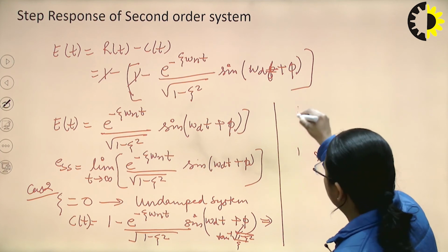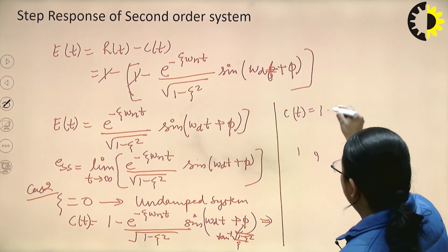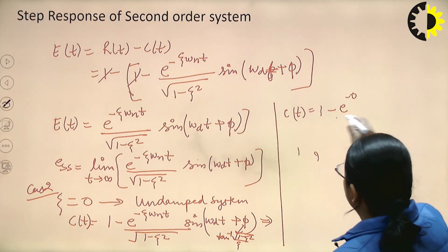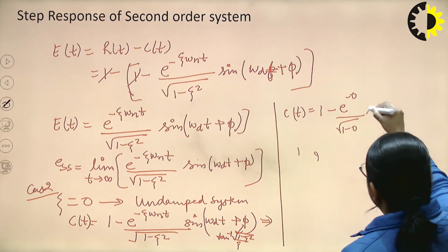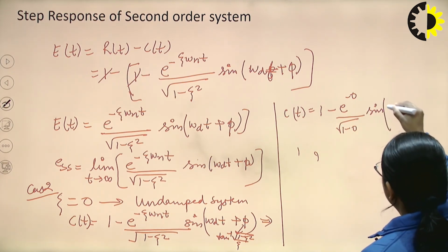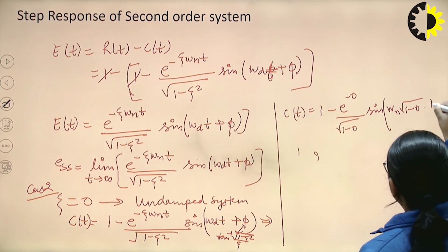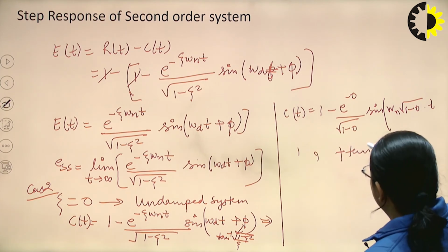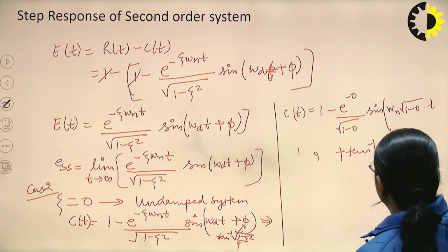So it comes out to be c(t) equals 1 minus e raised to the power 0, upon under root 1 minus 0, then sine omega n under root 1 minus 0 into t, plus tan inverse under root 1 minus 0 upon 0.